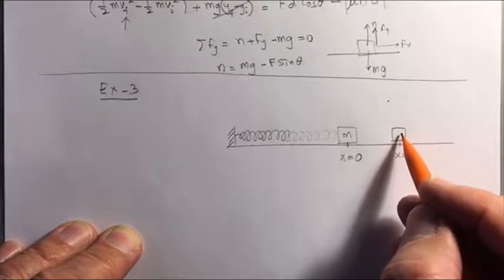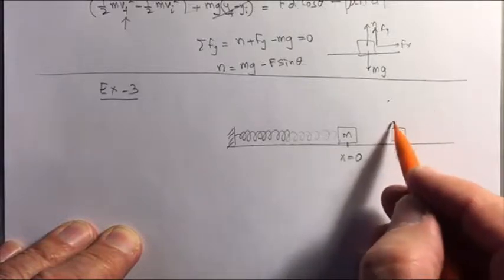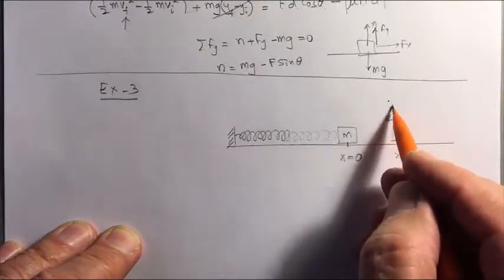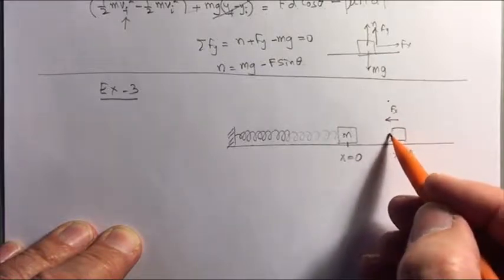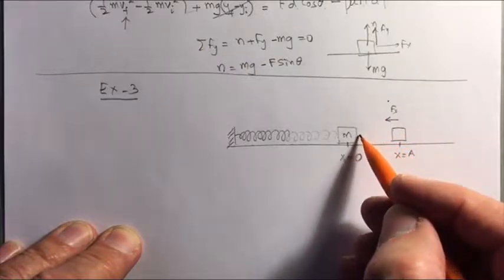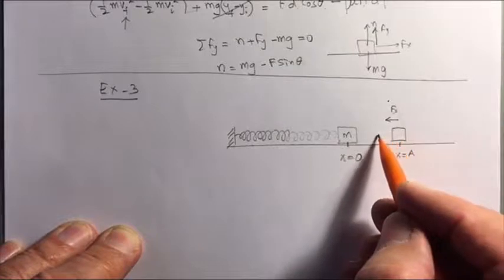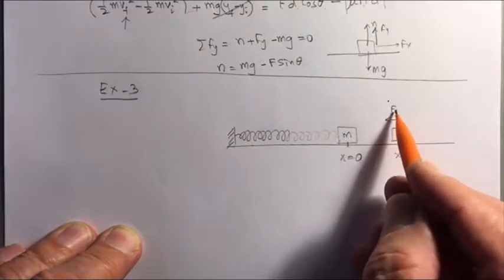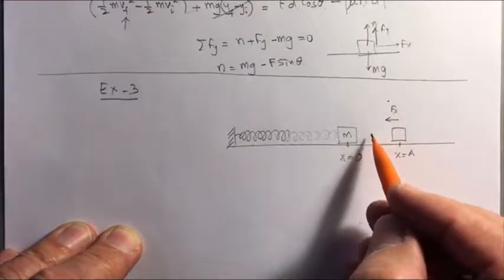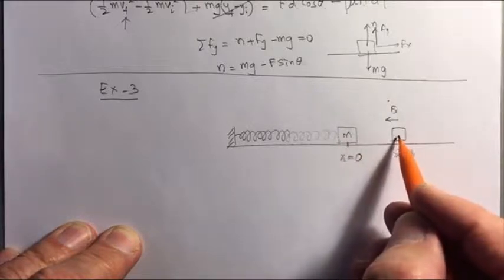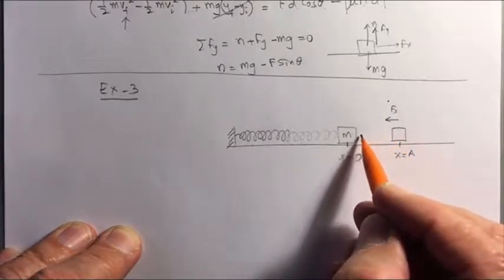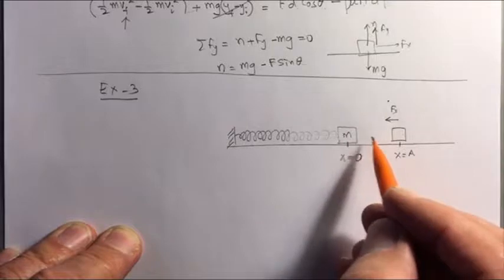And then it is released. Because there's a restoring force, it will cause the mass to accelerate towards the left. As it moves closer, the force gets smaller, the acceleration gets smaller, but the velocity of this object gets bigger because it's still accelerating.